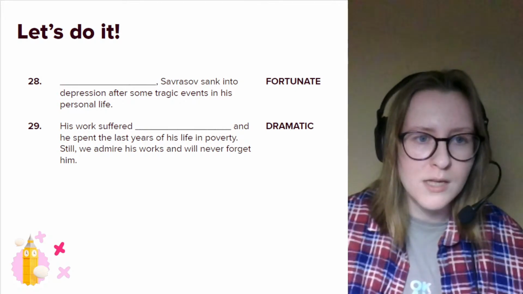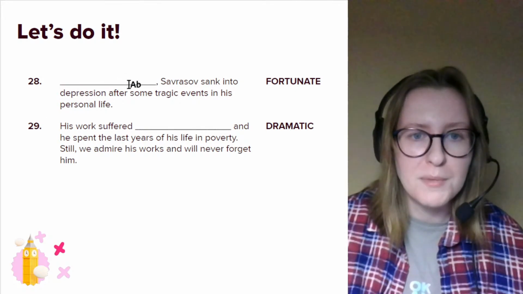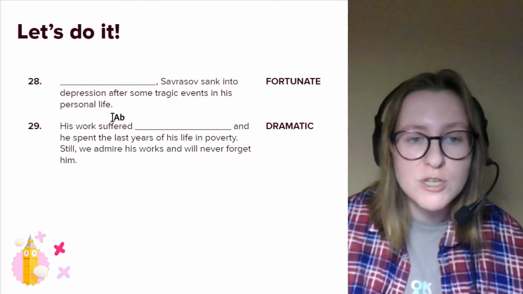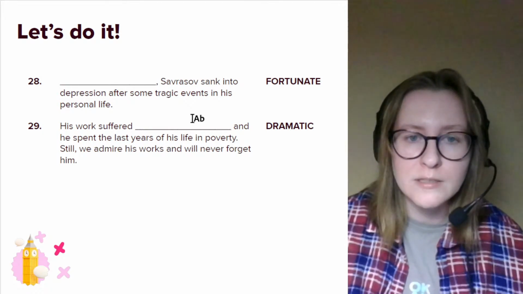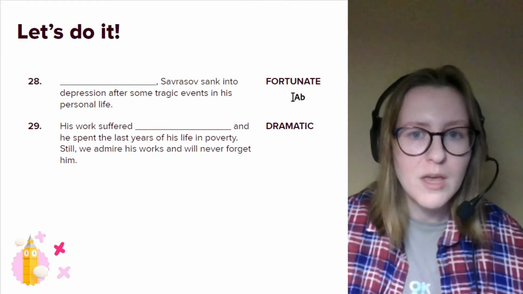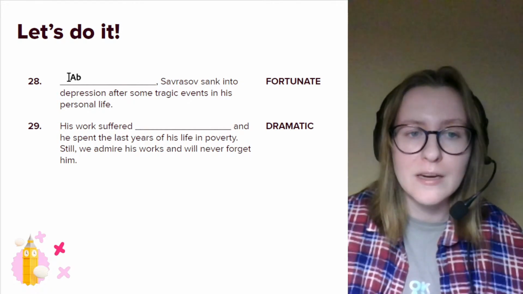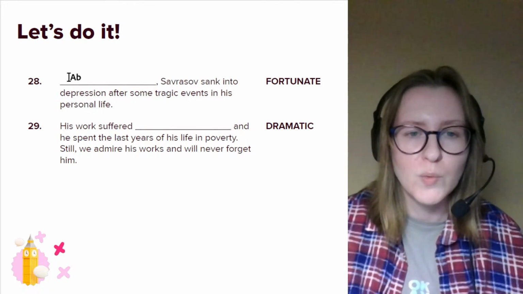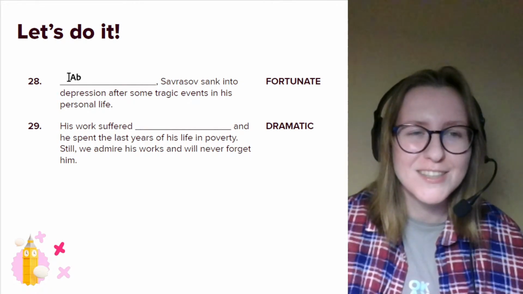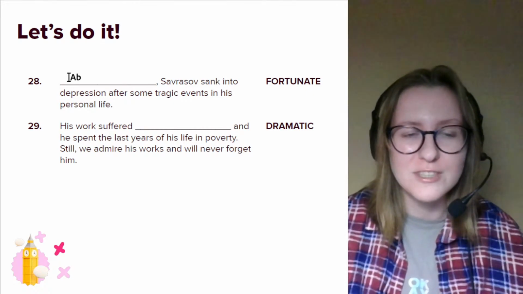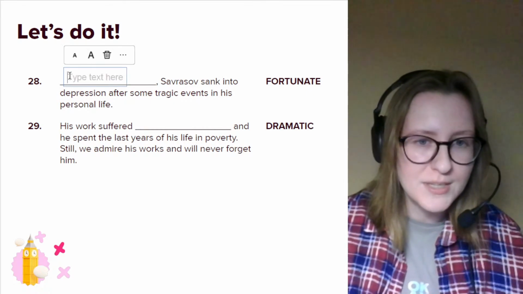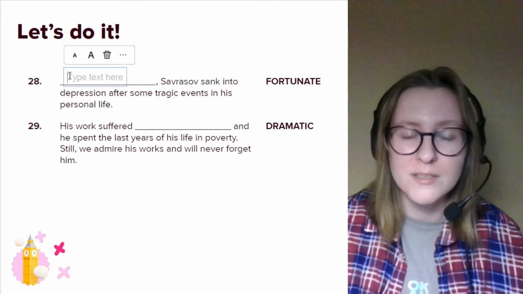Okay, and the last part of the same text, blah, blah, blah, Savrasov sank into depression after some tragic events in his personal life. We have fortunate, and our gap is at the beginning of the sentence. So what? Fortunately, right? We need an adverb at the beginning of the sentence. But guys, we also need to think about the meaning, right?